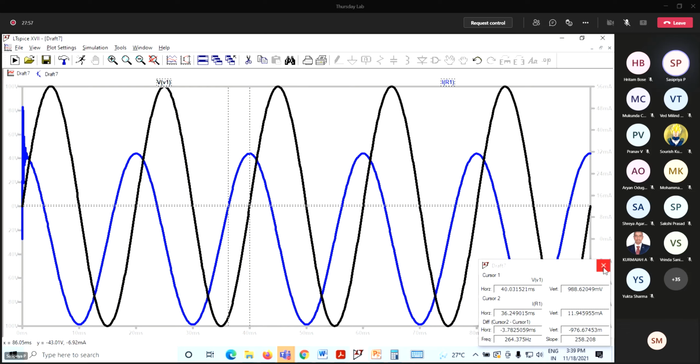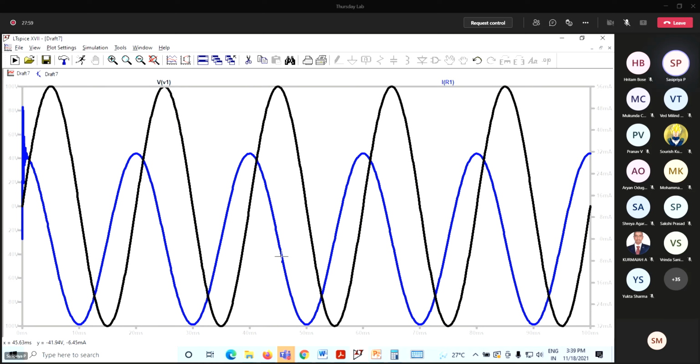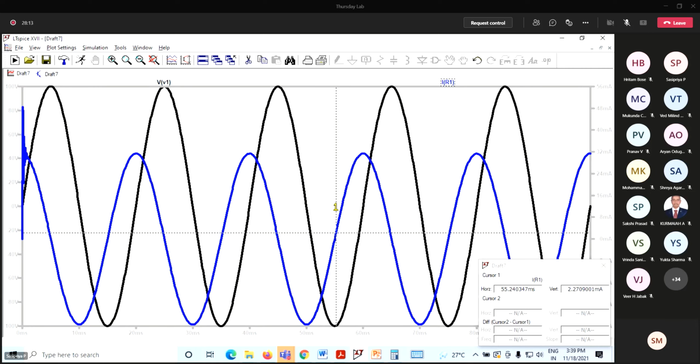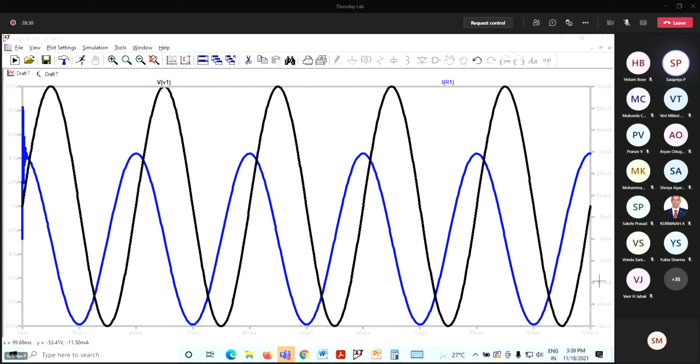Now I can see the difference, and this will give you a time difference.